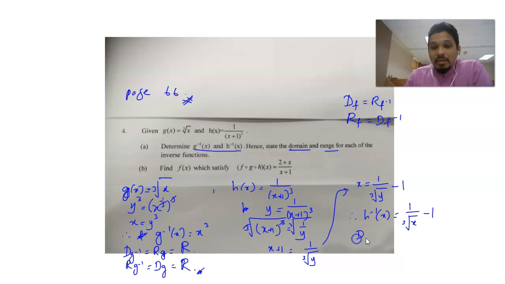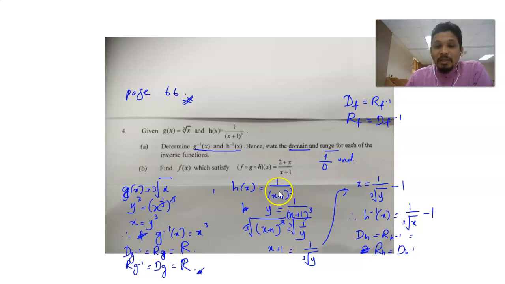Okay, so the domain of h equals the range of h inverse, and the range of h equals the domain of h inverse. So the domain of h, this is the function h(x), 1 over (x plus 1) in brackets, cubed.